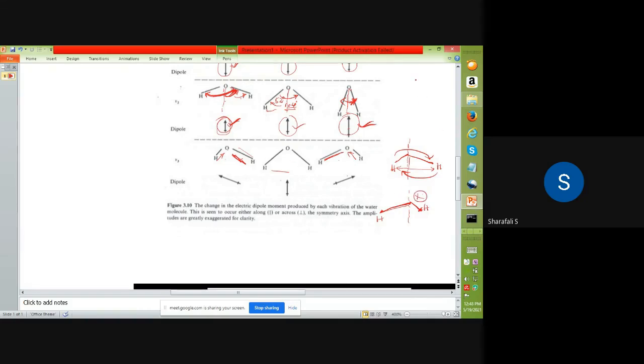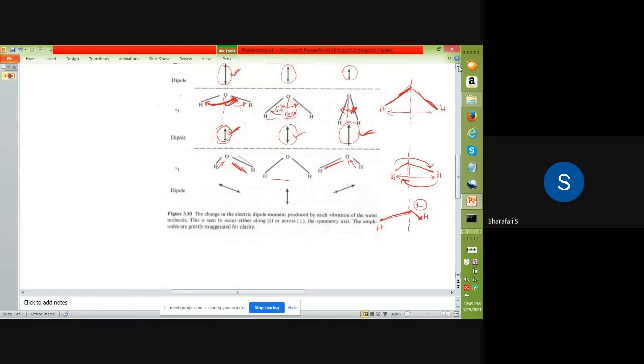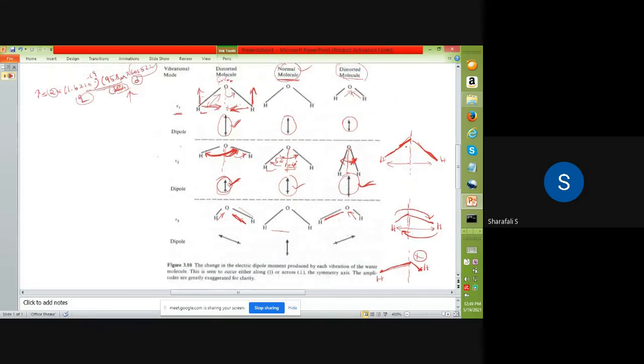But in the case of symmetric stretching, if your hydrogen is in this position, and the other hydrogen is also in this position, and you look about this axis, these two hydrogens are at the same distance, or symmetric with respect to this axis.